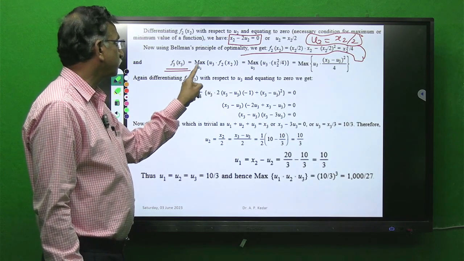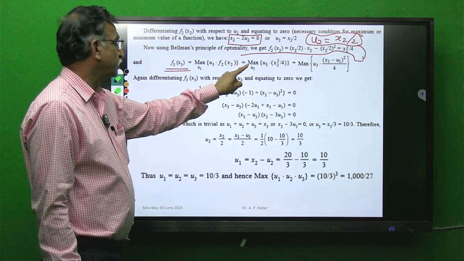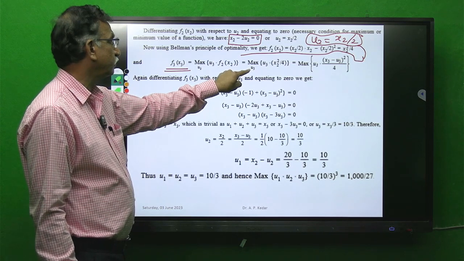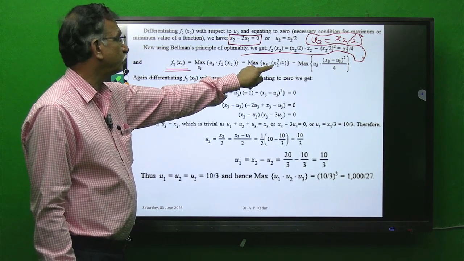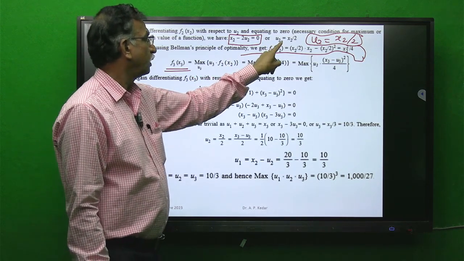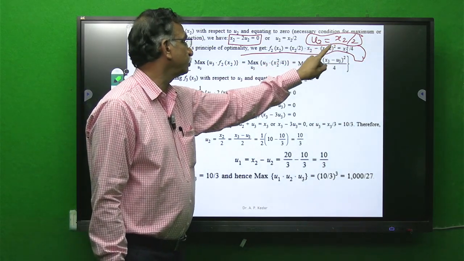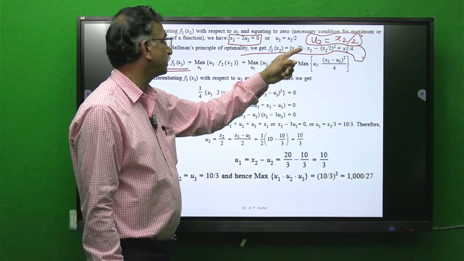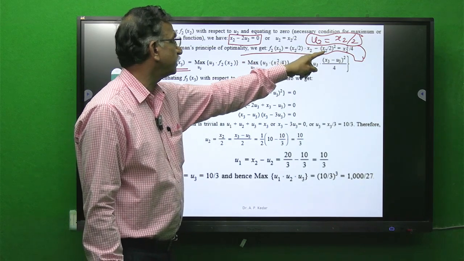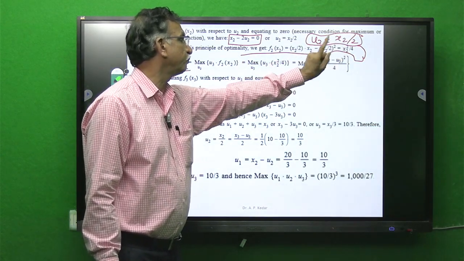So f3 x3 will be equal to the maximum of the current decision u3 into the value of f2 x2, which is x2 by 2. If we square it, it will be x2 square by 4.